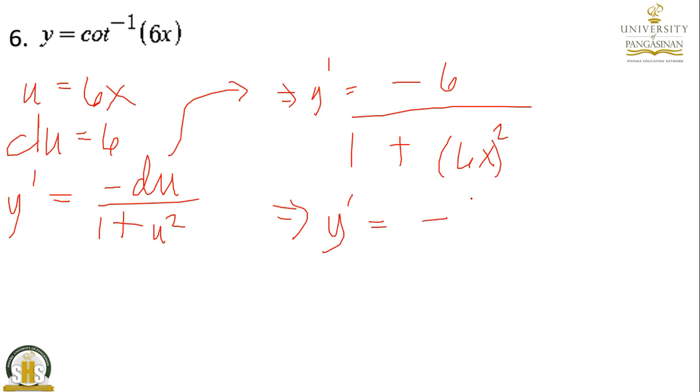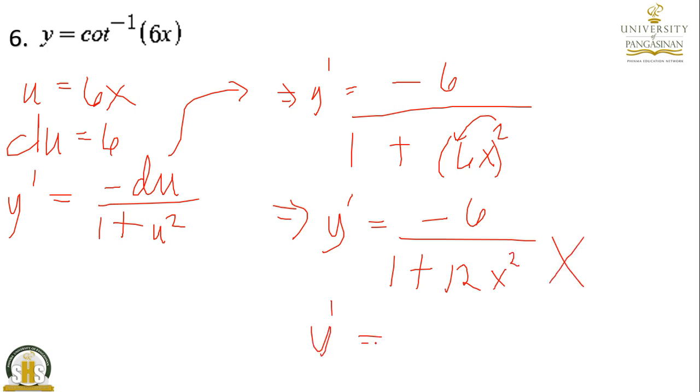Magiging negative 6 all over 1 plus, hindi yan 2 times 6, ha? Sir, ang sagot ko 12x squared. That is wrong. The answer should be y prime is equal to negative 6 all over 1 plus 36 x squared. So this is the correct answer.